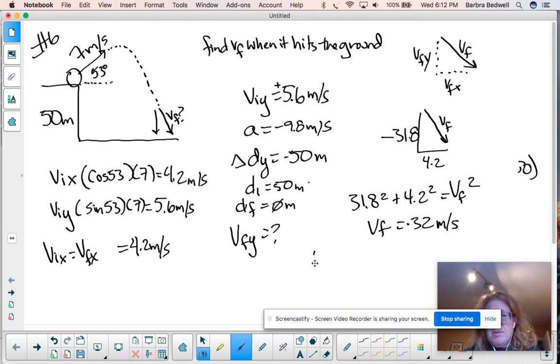And so then the last part you would do would be to figure out the angle. Tangent of theta is opposite over adjacent. So in this case, tangent of theta is 4.2 over 31.8. This has got to be like a nearly vertical angle.